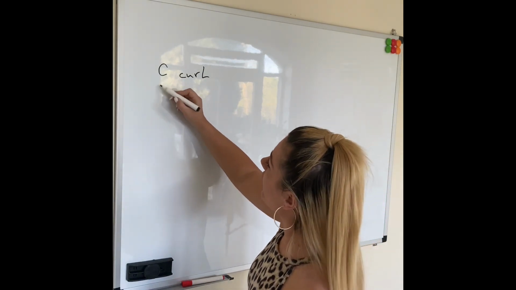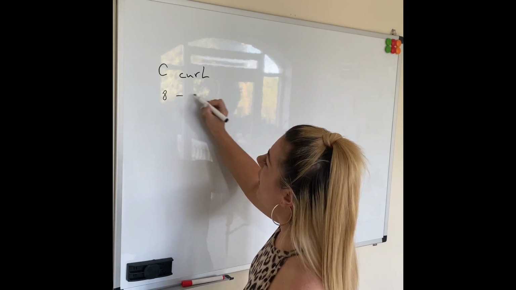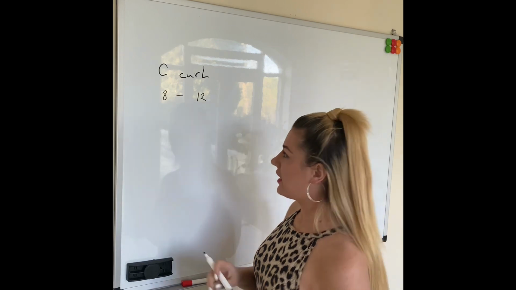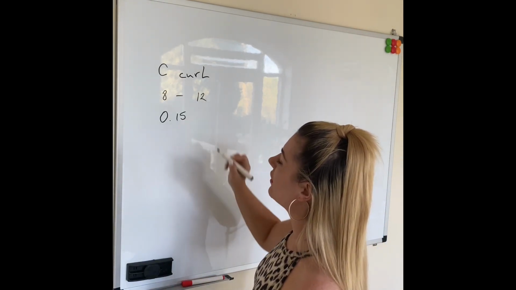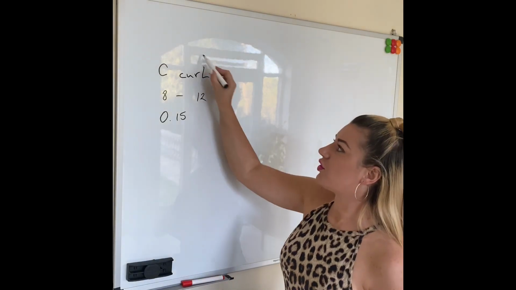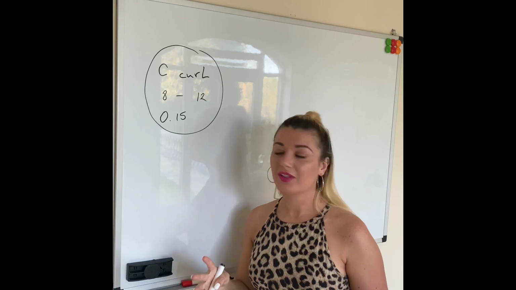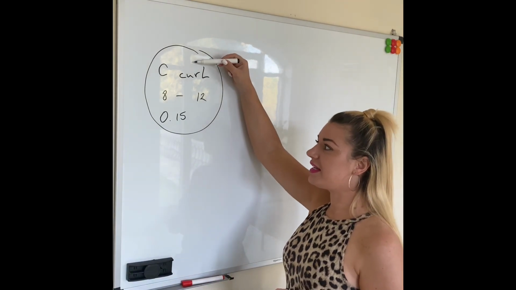The lengths you're going to be using the most would be from 8 to 12, and the thickness of the lashes, I would say probably 0.15. So if you want to buy only one tray, I think you're going to be pretty much safe with the C curl.